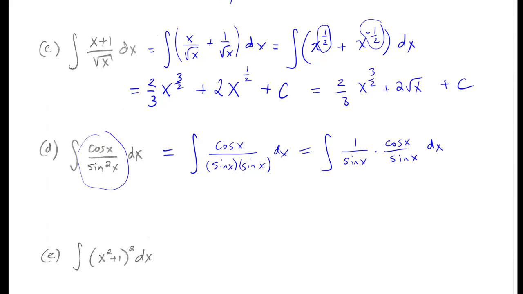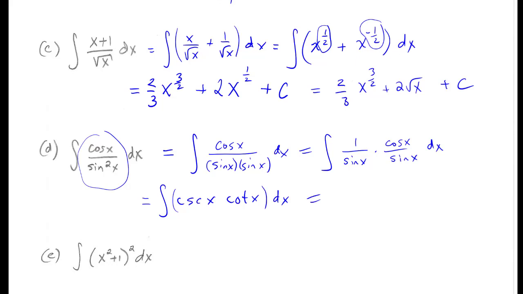All right. It's still not, I don't see it yet, but if I keep doing it, what is 1 over sine of x? Well, that's cosecant x. And what is cosine x over sine x? That's cotan x, dx. All right, so now I look.